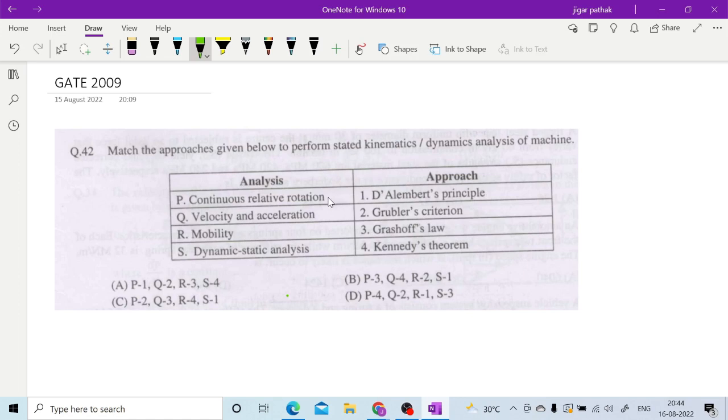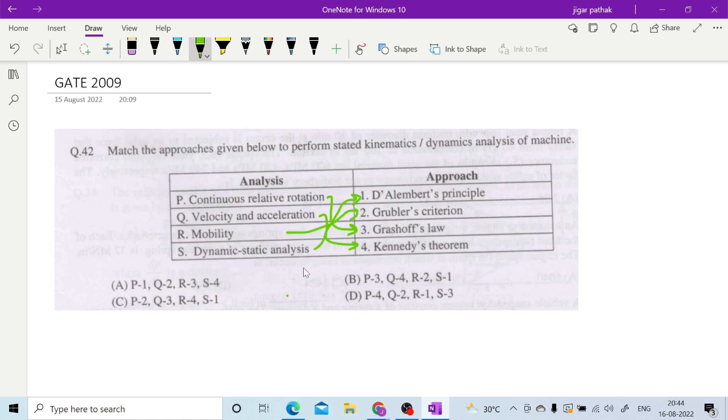Grashof's law. Okay. Then velocity and acceleration: Kennedy. And mobility: Gruebler's criterion. Mobility, dynamic and static analysis: DLM. Correct.